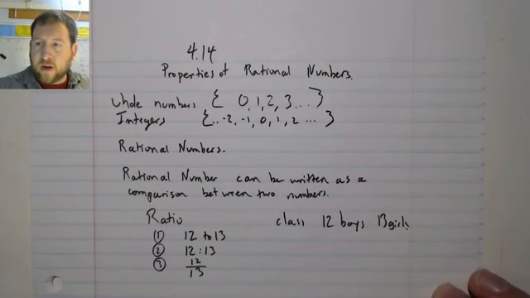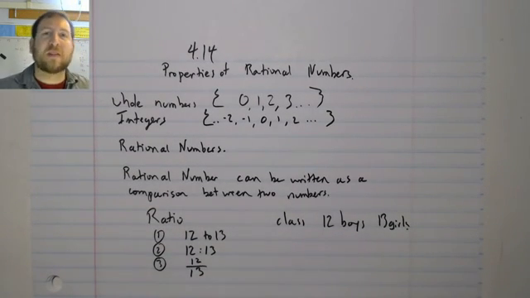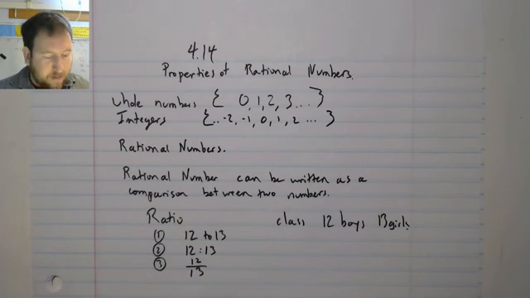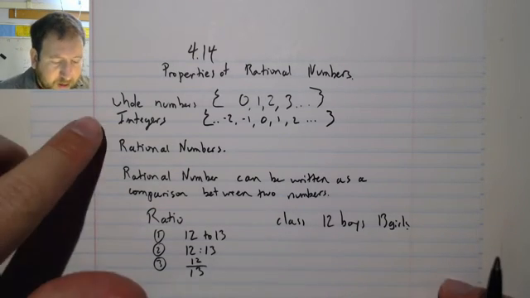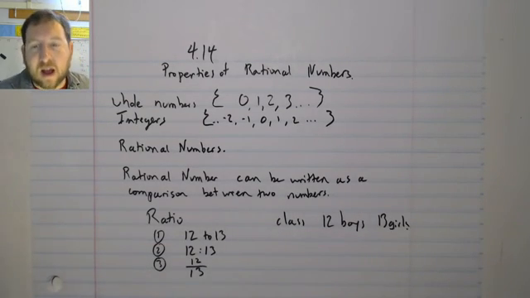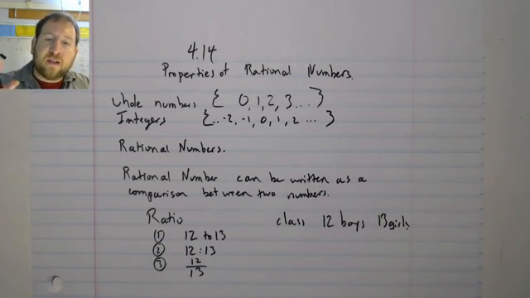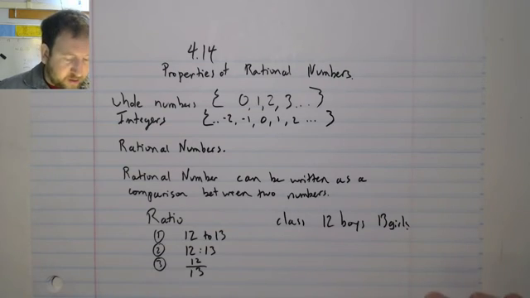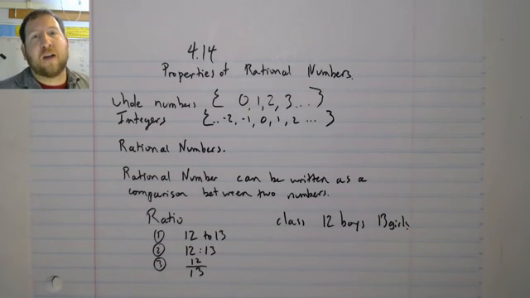And these are all ratios, and they all describe a particular number. Now, this number is not a whole number. It's not an integer, because 12/13 does not fit on any of those. And we can say that the rational numbers can all be described by a ratio like this.